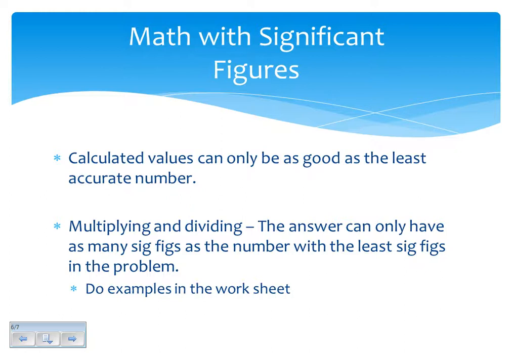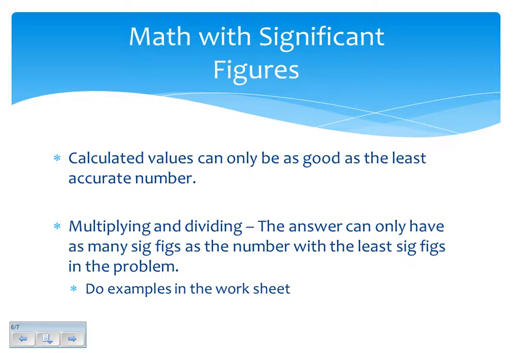So if you have a number that you've measured and it has 8, 10, 12 significant figures, and you multiply it by a number that only has 1 or 2 significant figures, realize that the 2 significant figure number is your weakest link.